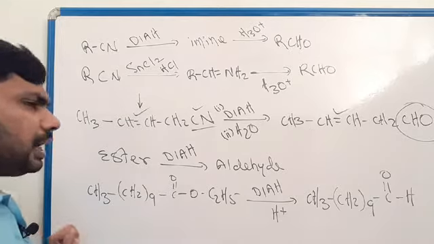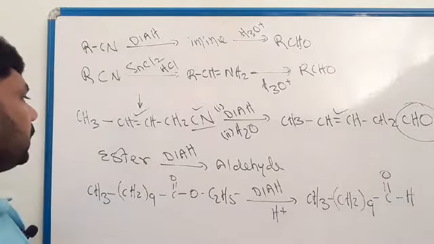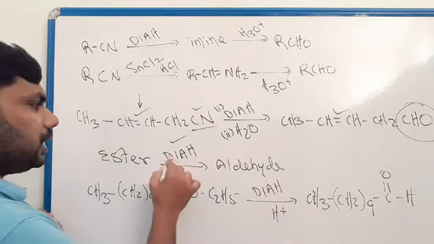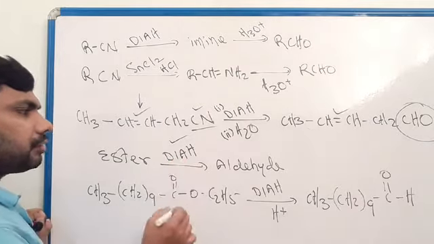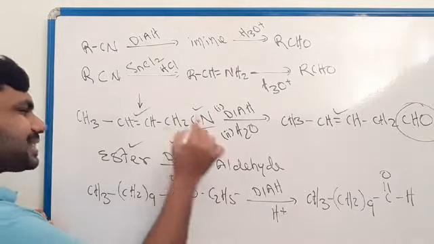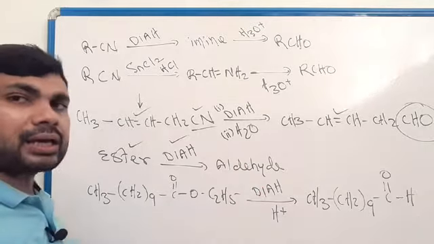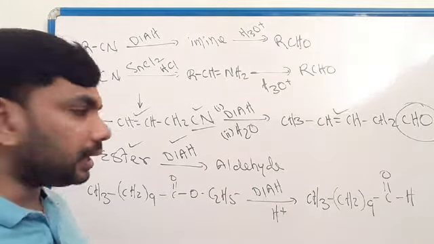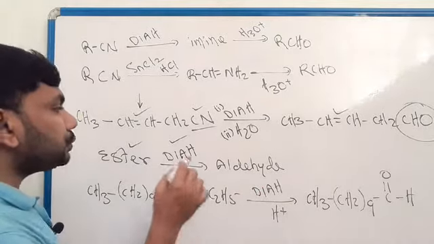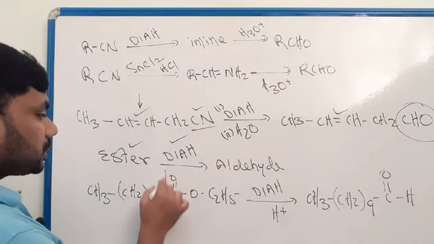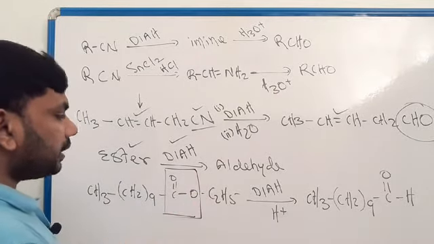Clear? Next we have to discuss the same reagent, diisobutyl aluminum hydride, which helps to convert ester to aldehyde. We can convert ester to aldehyde in the presence of diisobutyl aluminum hydride. We know this is the ester linkage.